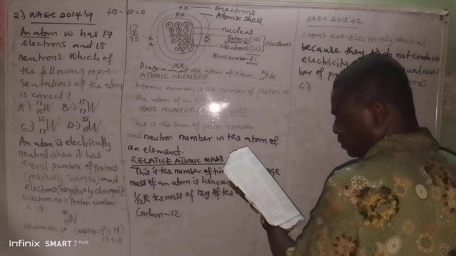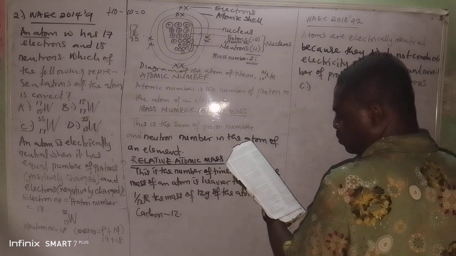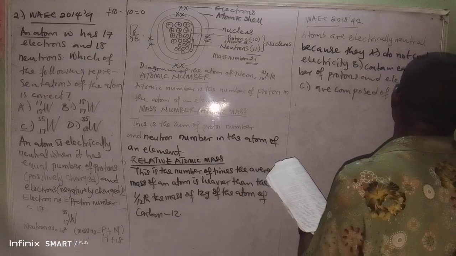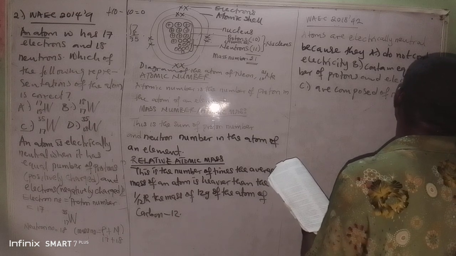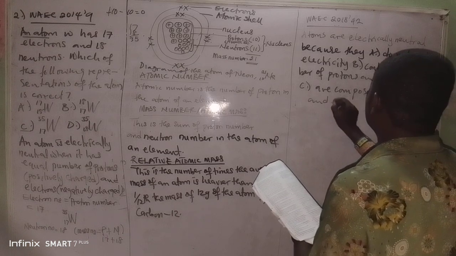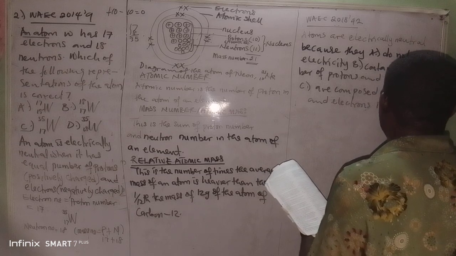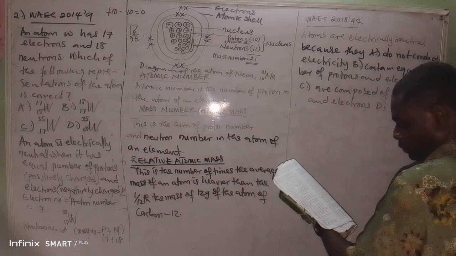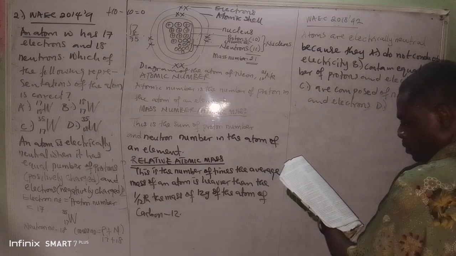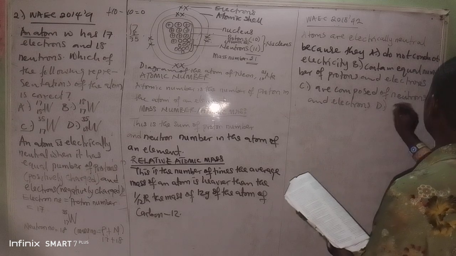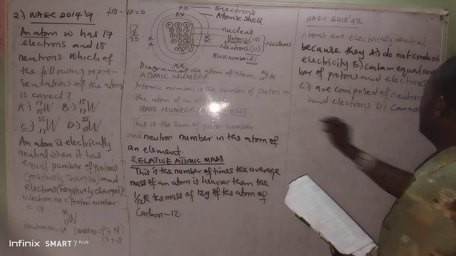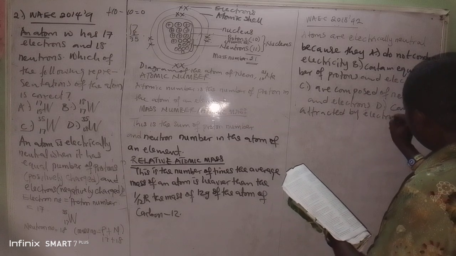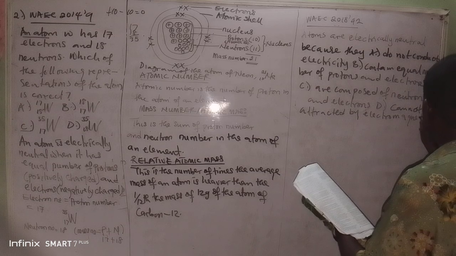C. Are composed of neutrons and electrons. Then option D. Cannot be attracted by electromagnetic field.